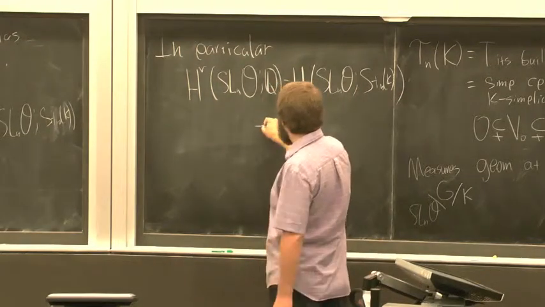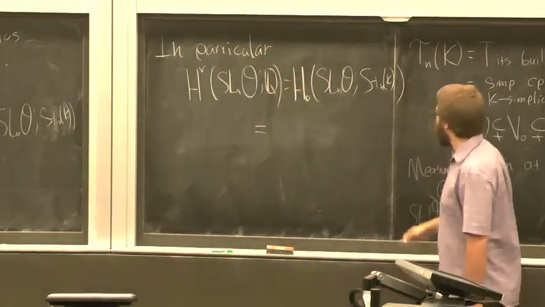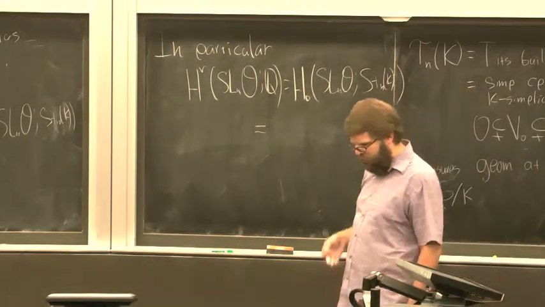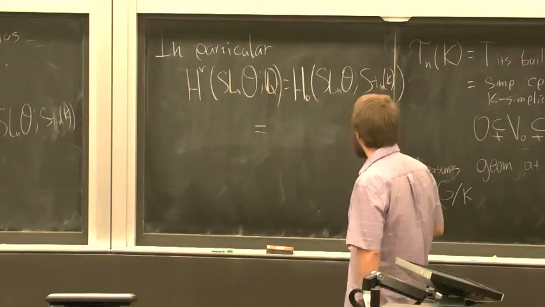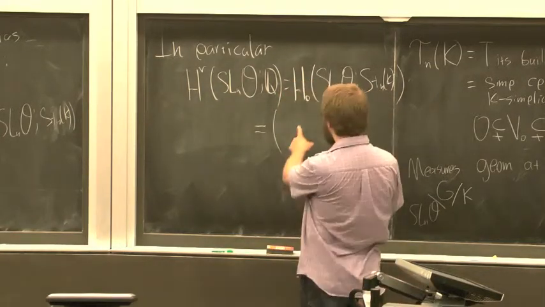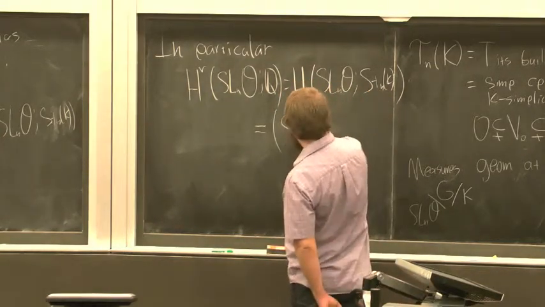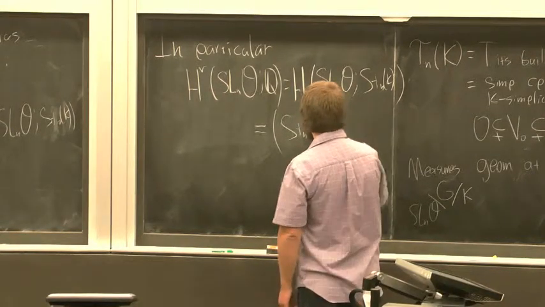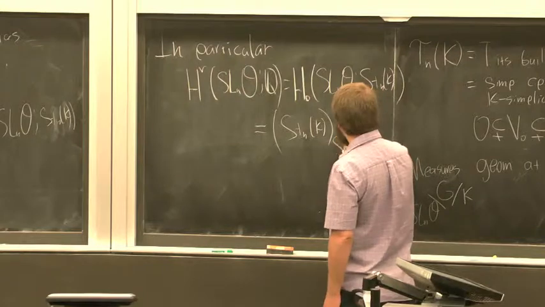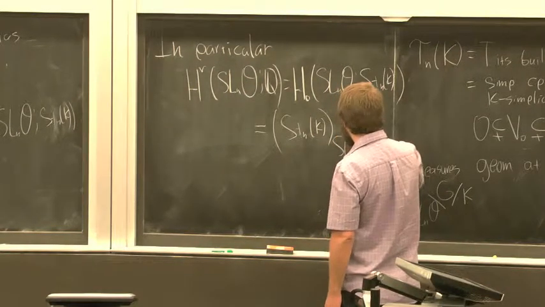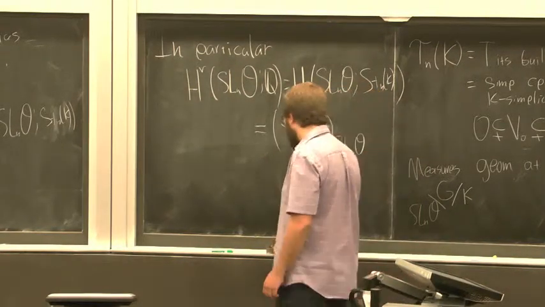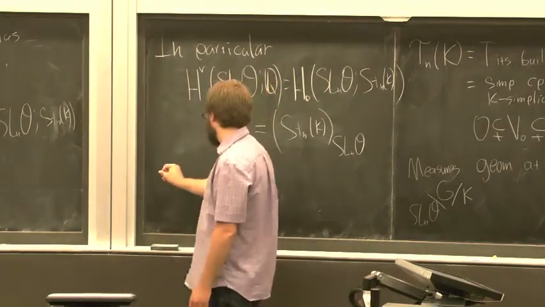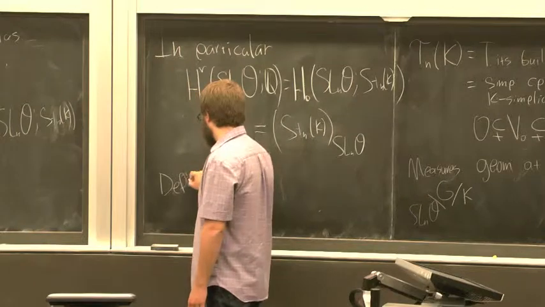Okay, so what does this look like? If you take H_0 of a group acting on some vector space, what you get is what are called the coinvariants of the action. So this is St_n(K), and you take the coinvariants of SL_n(O). Okay, so what does this mean? I'll write this more generally.